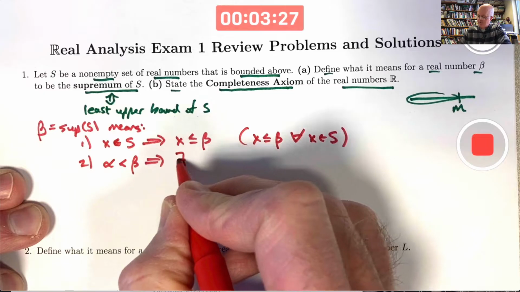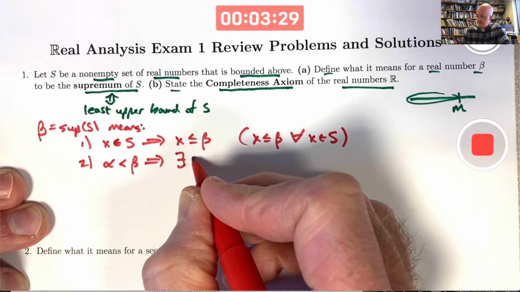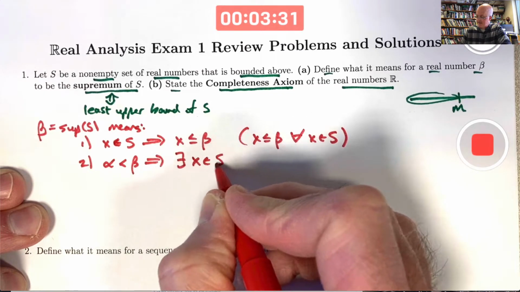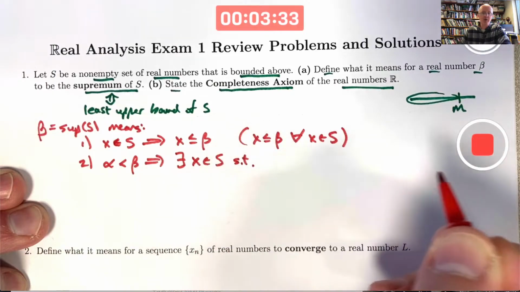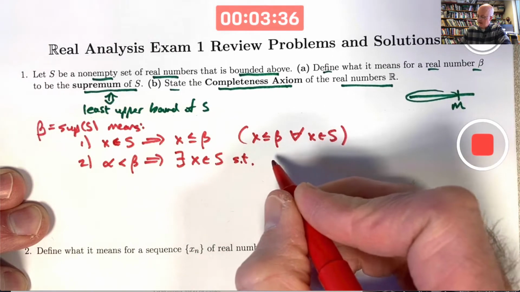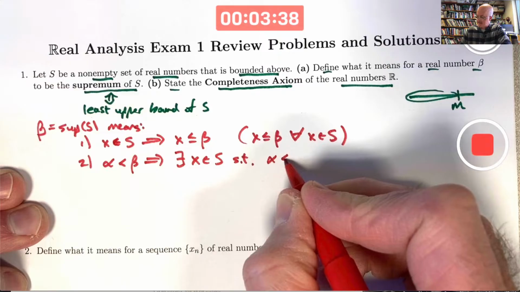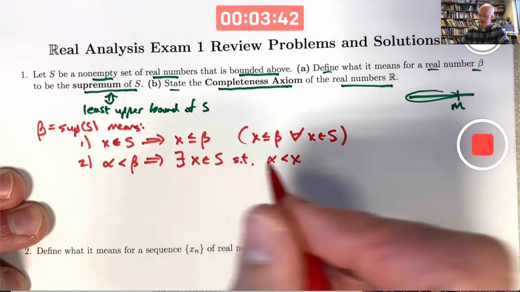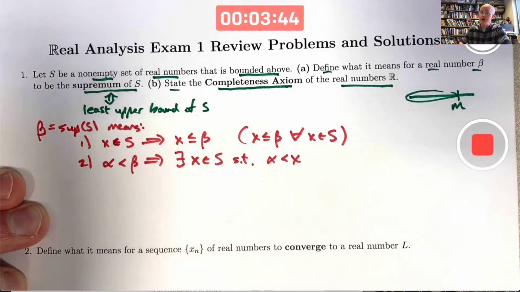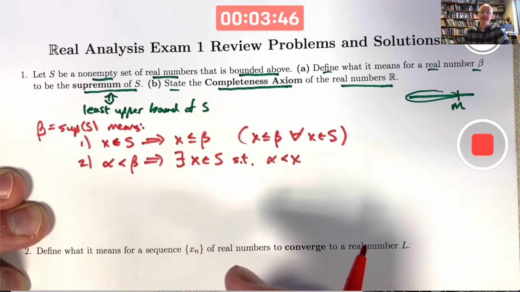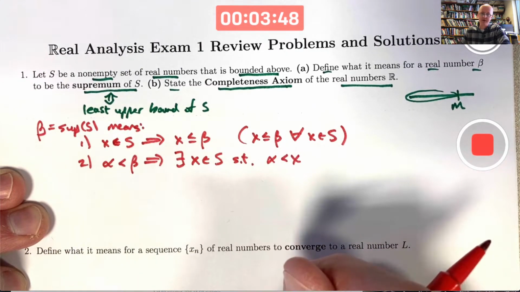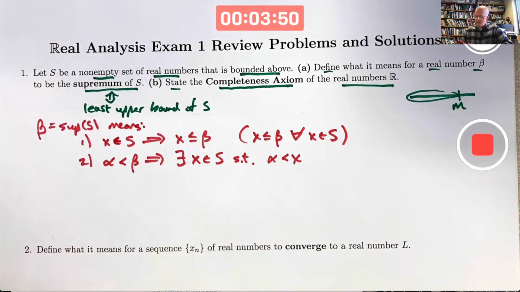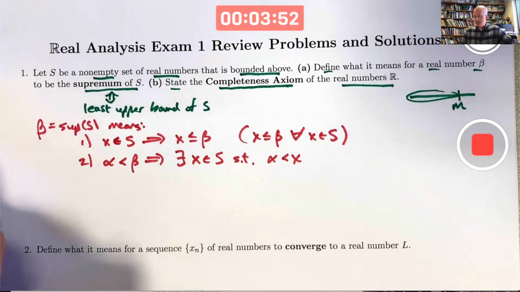There exists, backwards E means there exists, some element x of S such that, s.t. is my abbreviation for such that, alpha is less than x. That means alpha is not an upper bound of S. There's something in S, not necessarily all elements of S, but there's at least one element of S that is bigger than alpha. Okay? So that's what the definition of a supremum is.